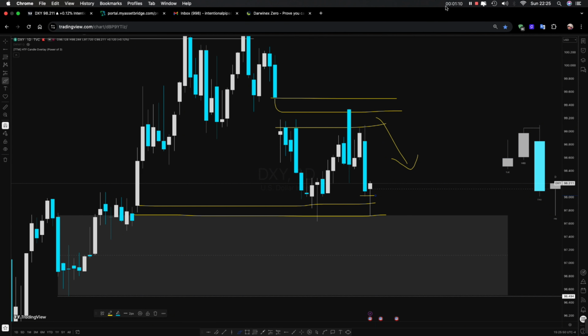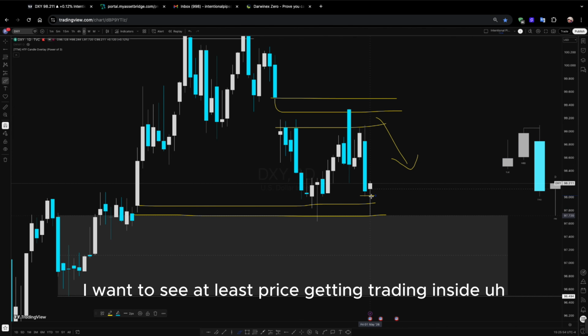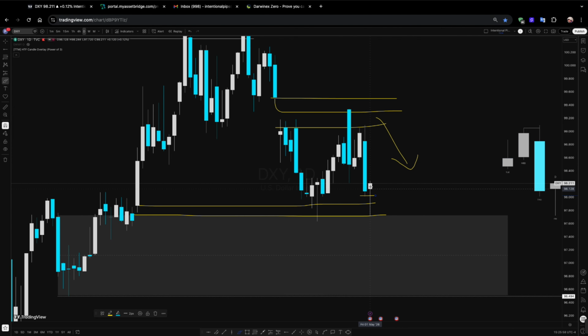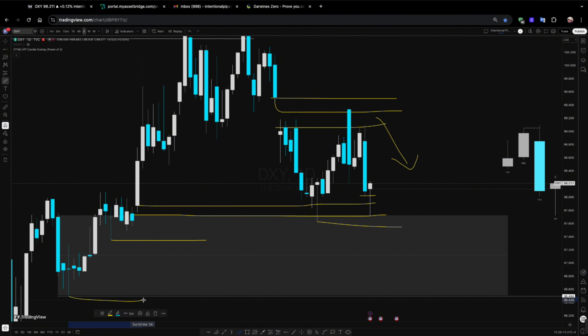So for this week, I want to see at least price trading above Friday's candle, to seek liquidity, and then come again down to clear this low and these other internal lows.